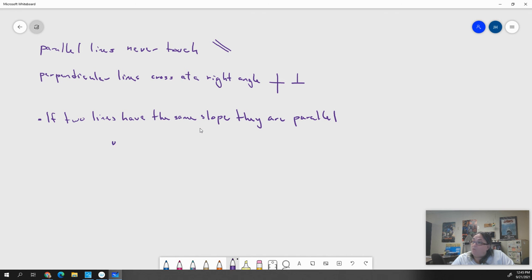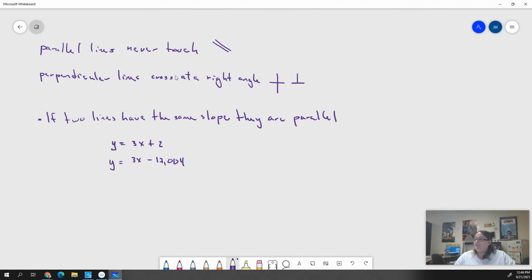So if I have y equals 3x plus 2, and I have the line y equals 3x minus 17,004, those two lines are parallel. Does not matter, right? As long as they have the same slope, those two lines will never touch.